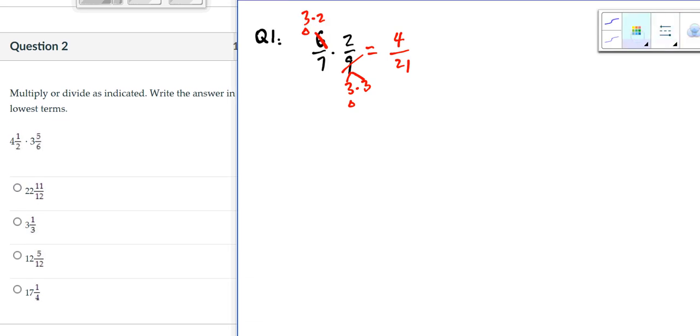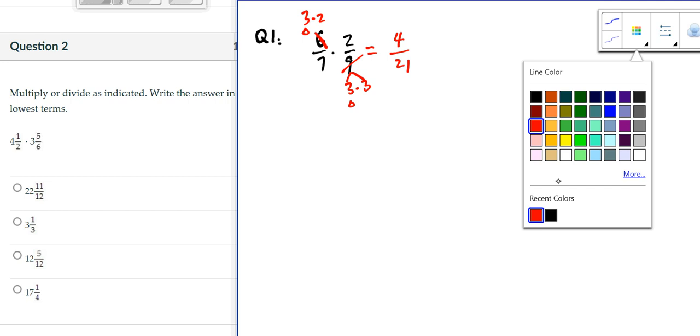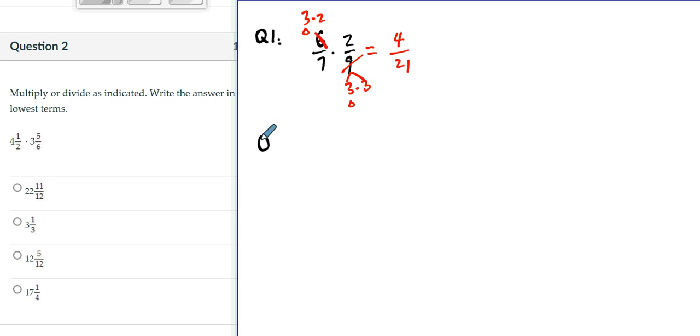Question 2, we have 2 and 1/2 times 3 and 5 over 6. To do this, remember, 2 and 1/2 means what?